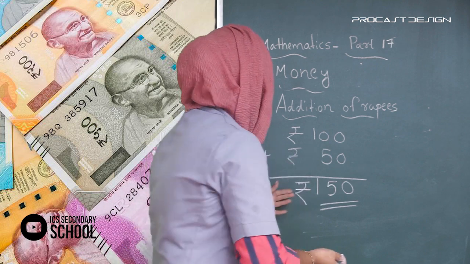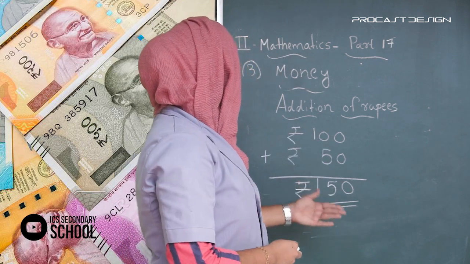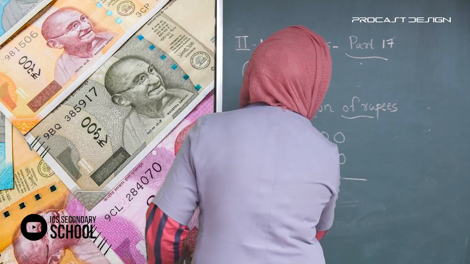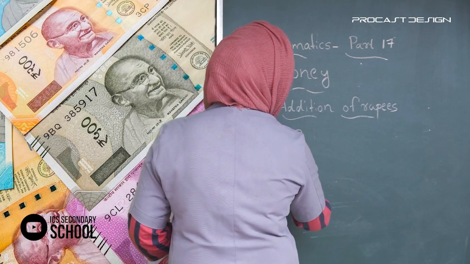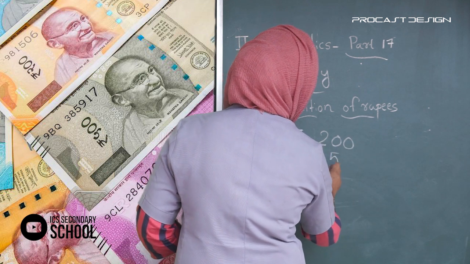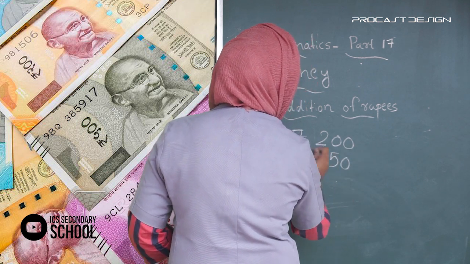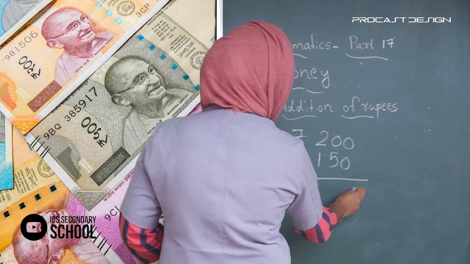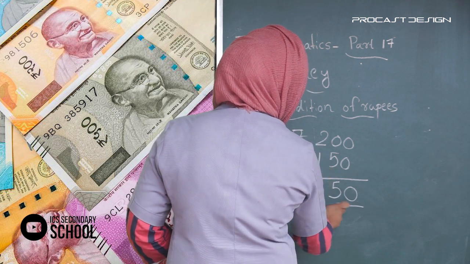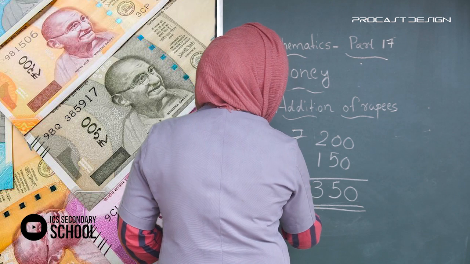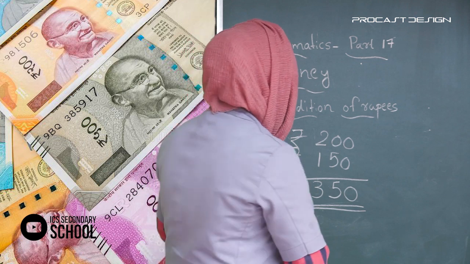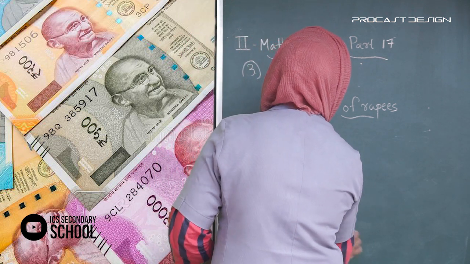Don't forget to write the rupees before the money. So this is 150 rupees. One more example. 0 plus 0, 0. 0 plus 5, 5. 2 plus 1, 3. So the answer is 350 rupees.